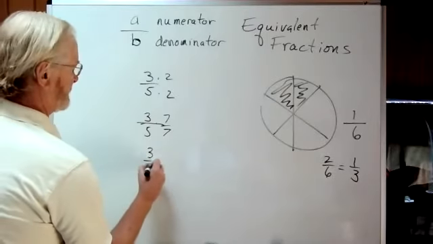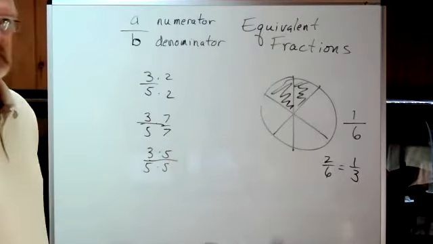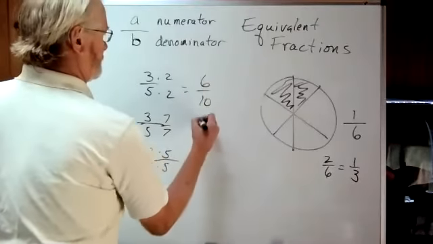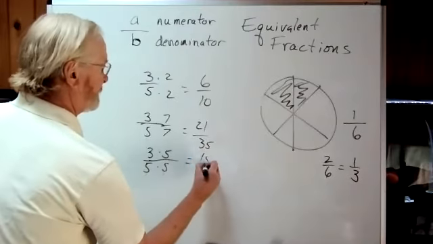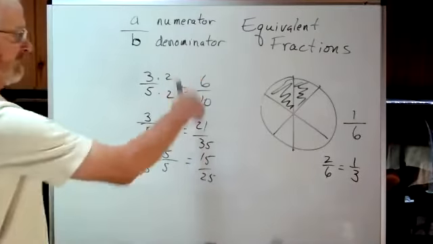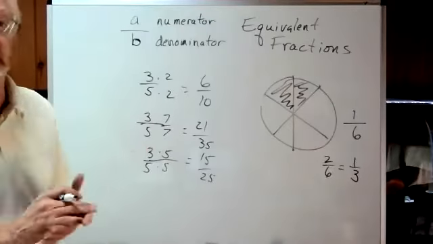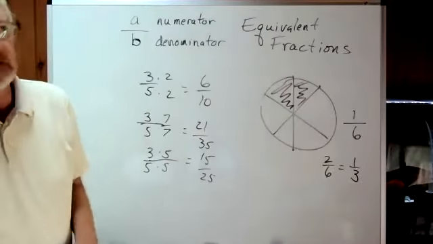Or by anything you decide to multiply them both by. As long as you're doing the same to the top and bottom, you're going to get equivalent fractions. Now, those are all equivalent to each other. They just look different. They have proportionally larger values.